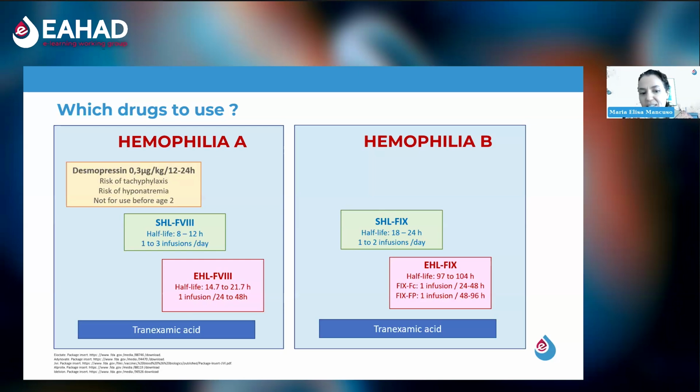And this also affects the scheme of repeated dosing during the postoperative period, because we can repeat the subsequent dosing even after 48 to 96 hours, something which is not possible with extended half-life factor 8 products, for which at least you may prolong until 48 hours, but no longer than that.